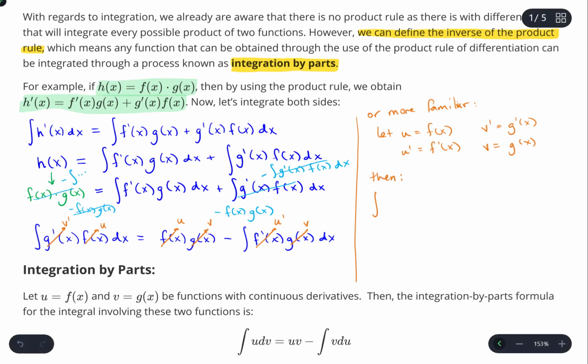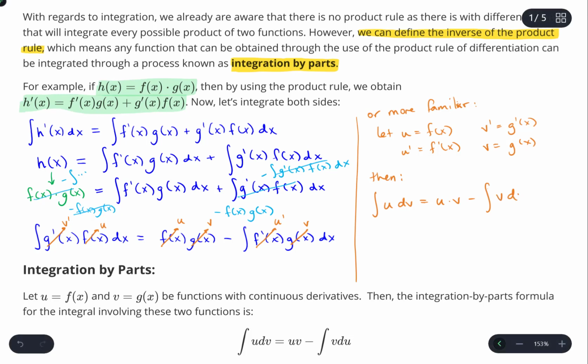the rule: the integral of u times v prime dx, which I could actually write as dv. U dv is equal to u times v minus the integral, and I'm doing the same thing here. Instead of u prime dx, I'm just going to write it as du.